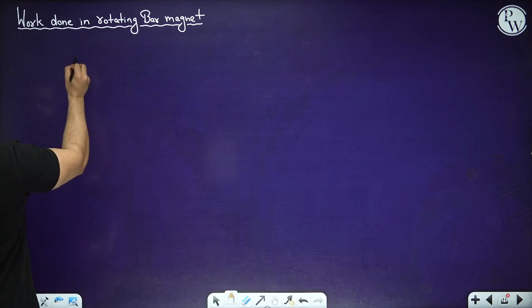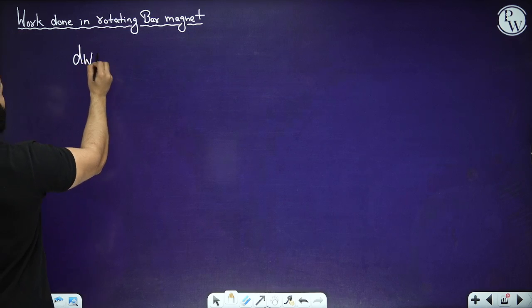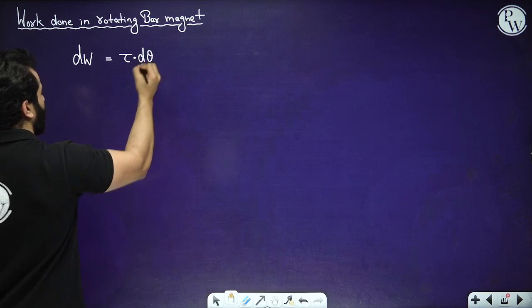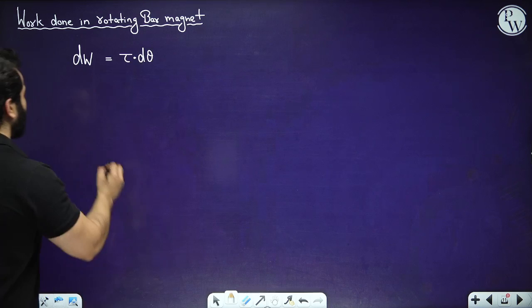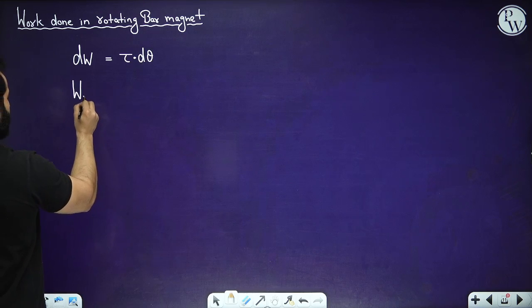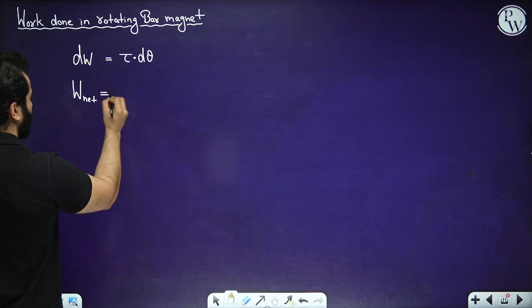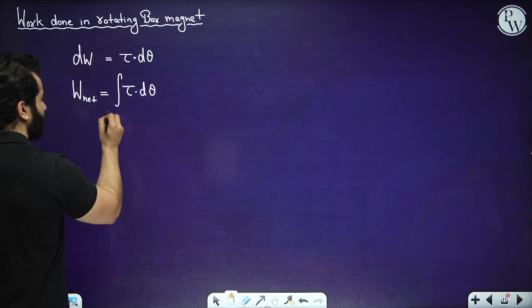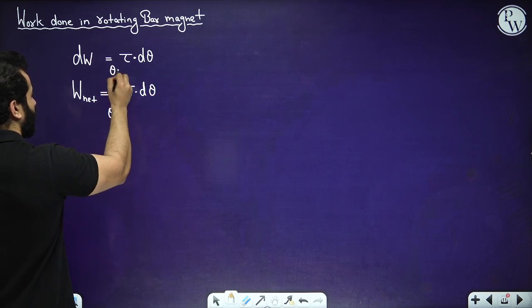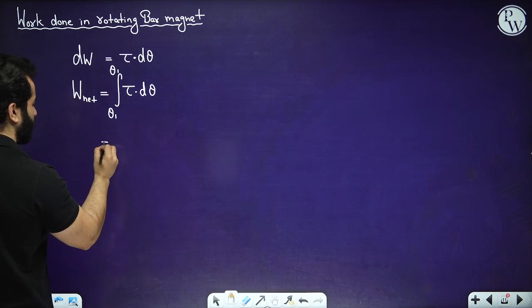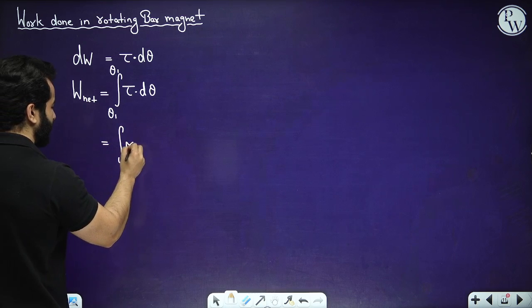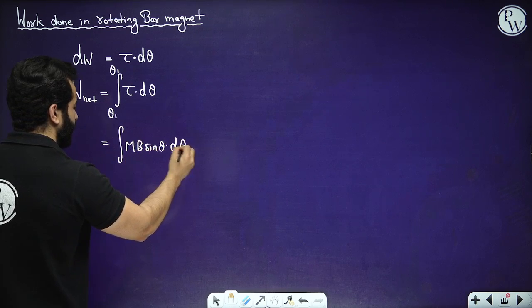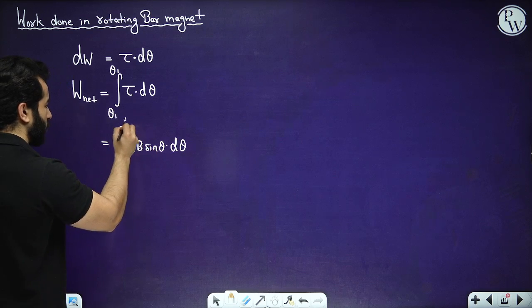Now work done, first of all we'll say that there is a small work done in rotating the bar magnet by a small angle d theta. If you want to find the net work done between two angles, you need to integrate this. Let's say you rotate it from theta 1 to theta 2. If you integrate mB sine theta with respect to theta, the integration of sine theta is minus cos theta.